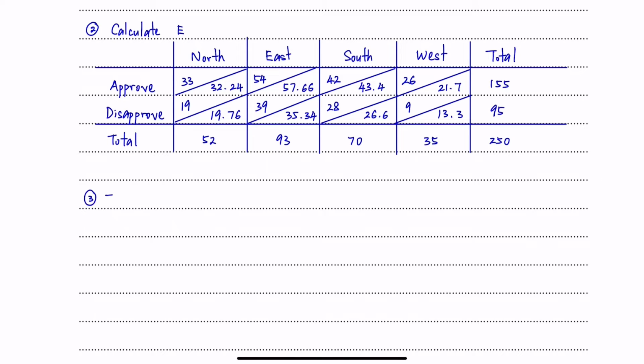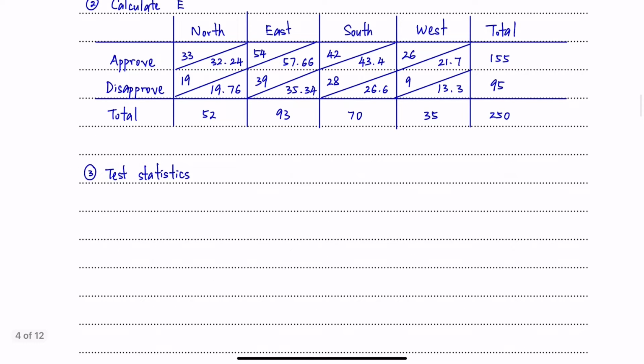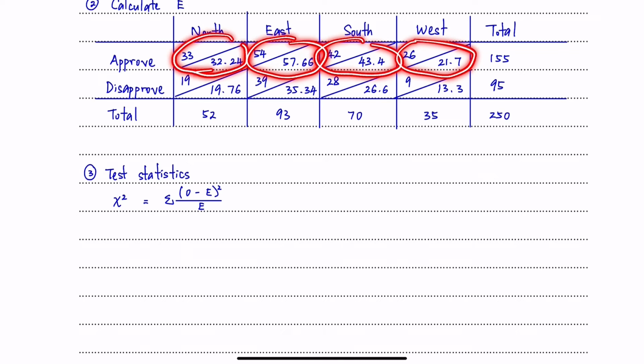And third step, we would need to find the test statistic. So chi-square is equal to the sum of O minus E squared divided by E value. So we need to find O minus E squared divided by E for each of the boxes here.